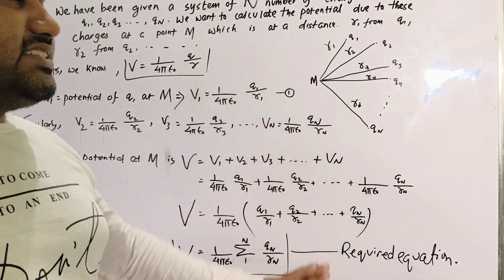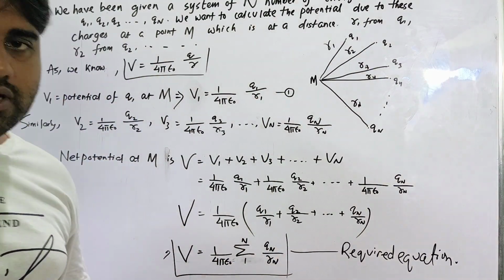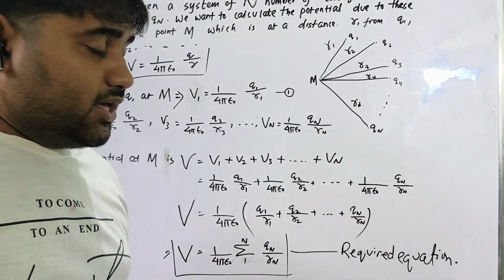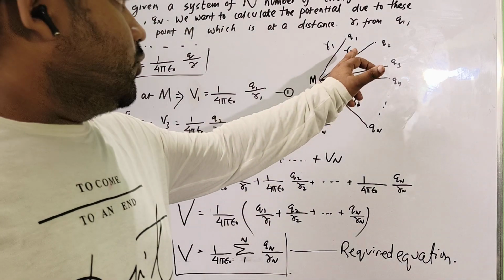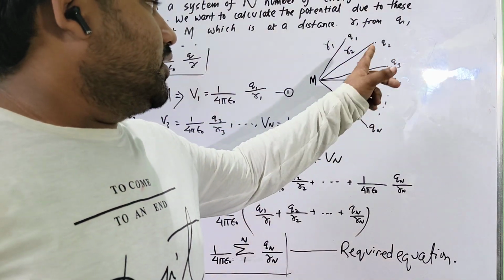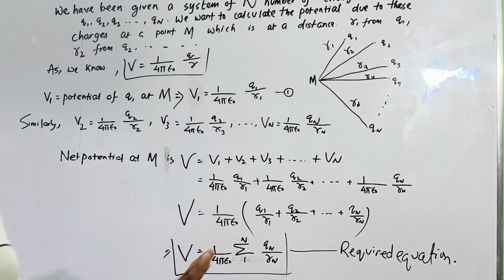Since it is a discrete system, we have used the term summation in this equation. We can actually point out q1, q2, q3, q4, since it is a discrete system.